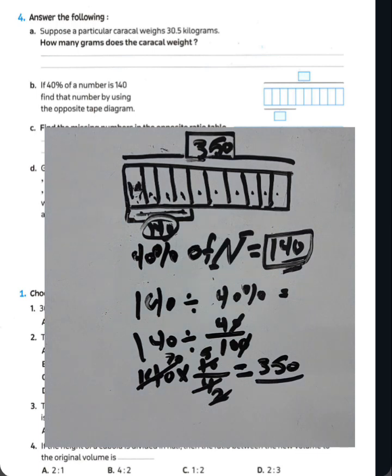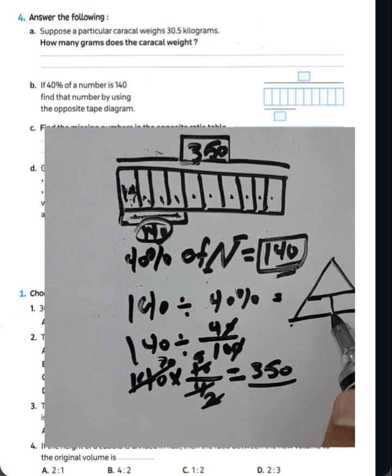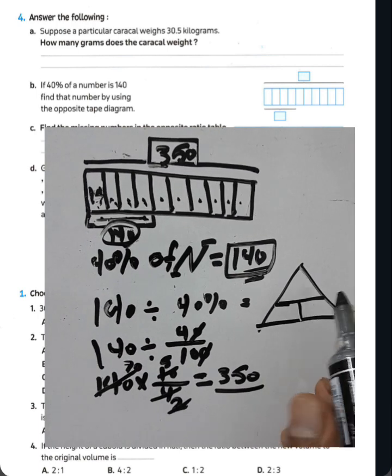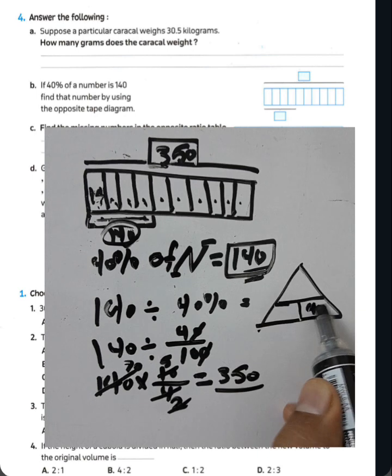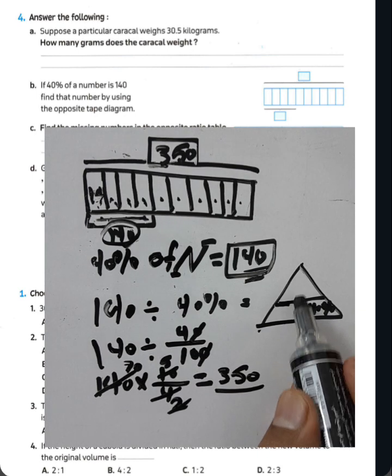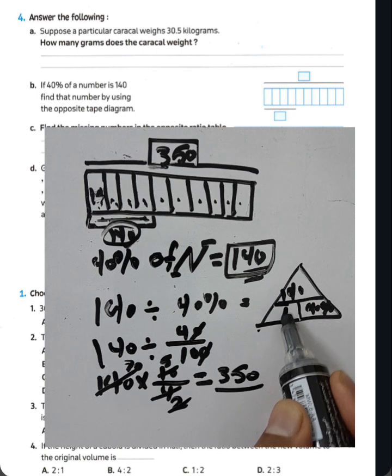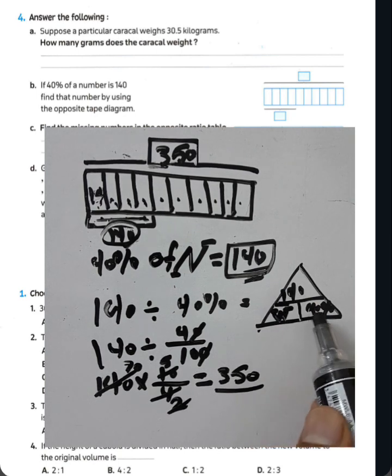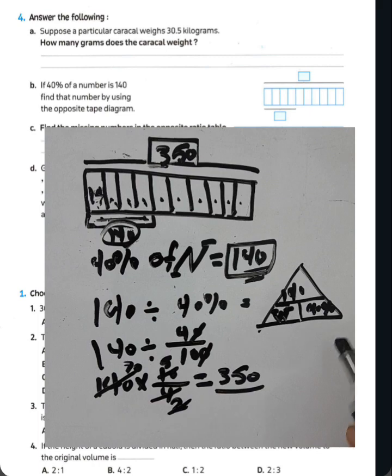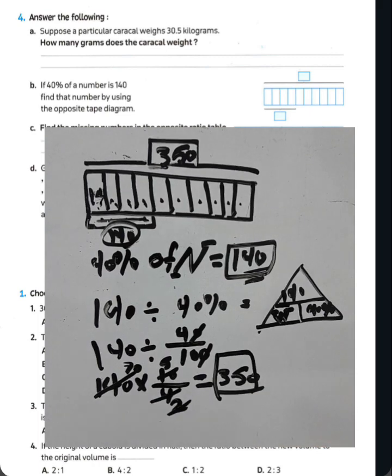Then the number will be 350. Okay, the whole number will be 350. Or you can write this in this triangle. Write the percent here, 40%, and the part up, 140, and the whole number here, and divide 140 by 40%. Then the result will be 350.